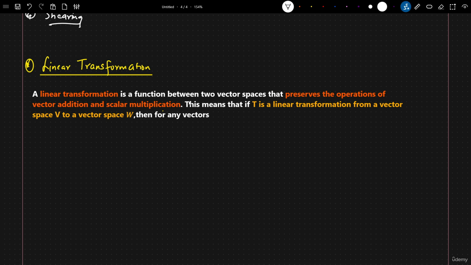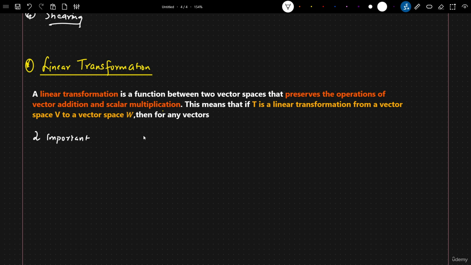A linear transformation is a function between two vector spaces that preserves the operation of vector addition and scalar multiplication. This means if T is a linear transformation from vector space V to vector space W, then for any vectors, it needs to satisfy two important properties.